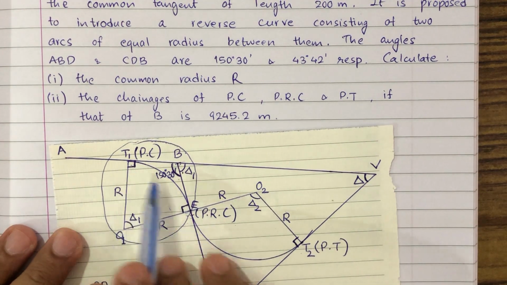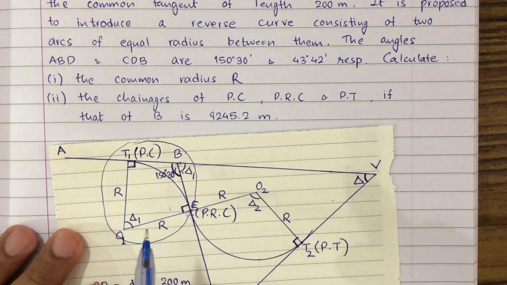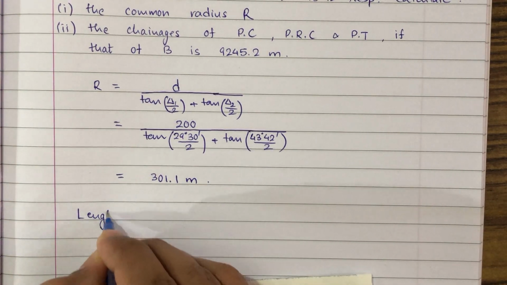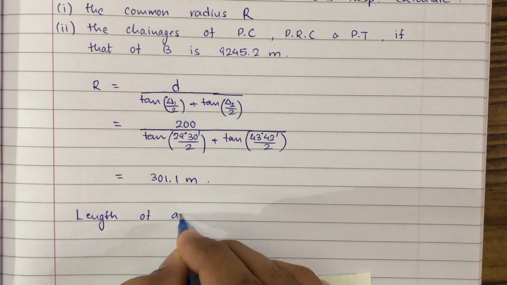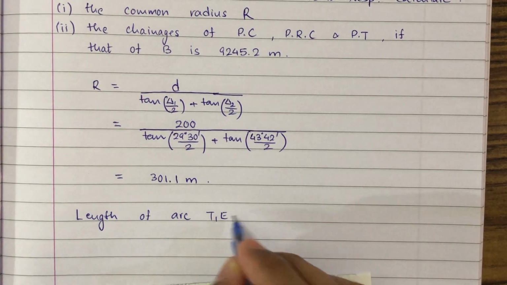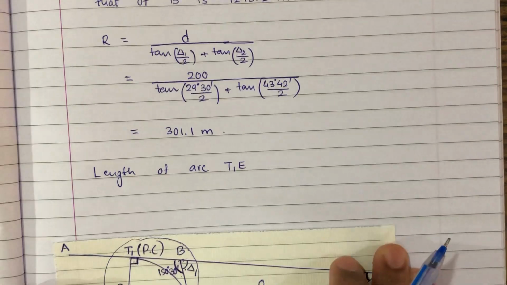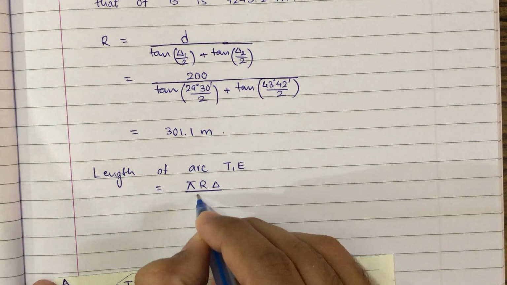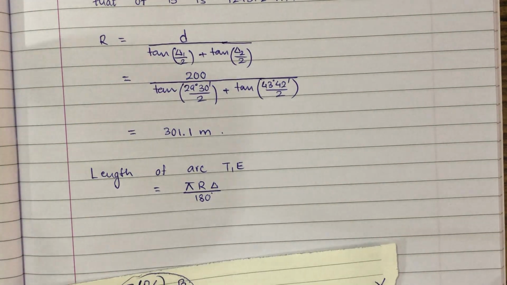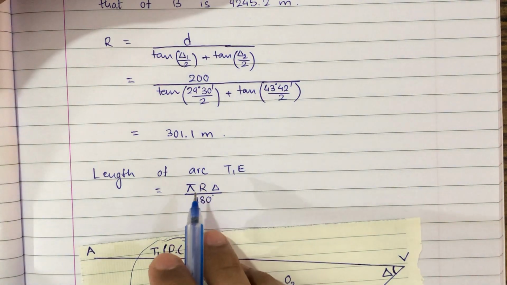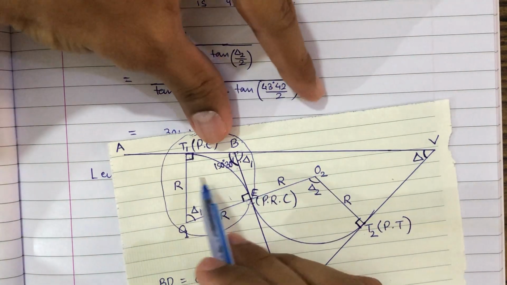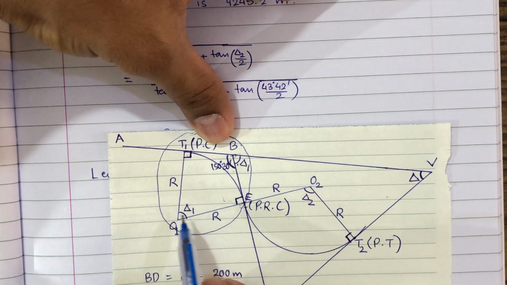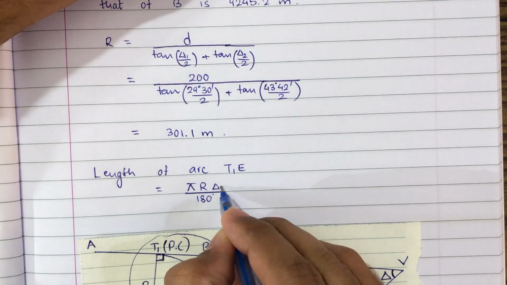If we need to find the length of this arc T1E, the formula is pi r delta upon 180 degree. Here r is the radius of this arc T1E and delta is the central angle. The central angle is given as delta 1.